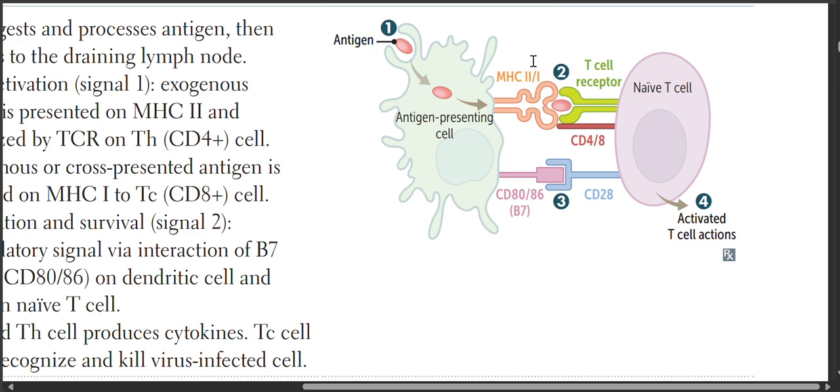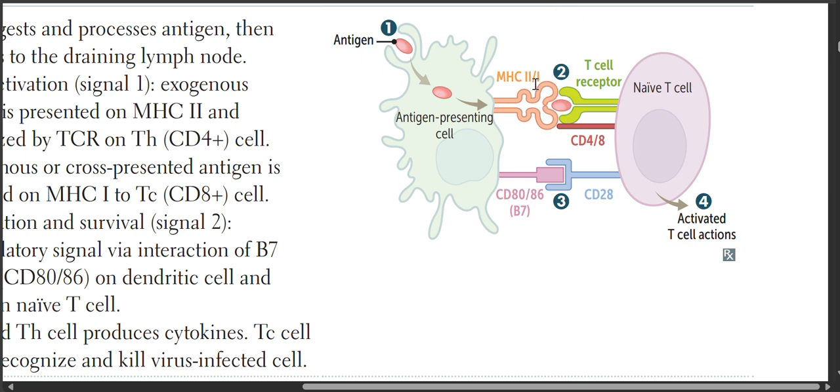Now, which MHC class this molecule is posted on will depend on what type of T cell is involved. So if it's an MHC class 2, what kind of T cell do you think would be involved? CD4 positive cells.